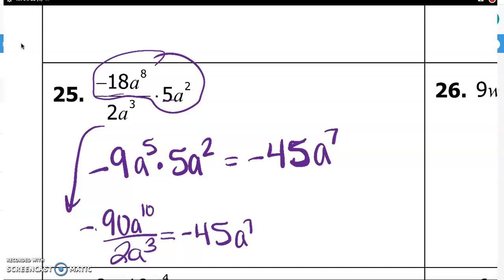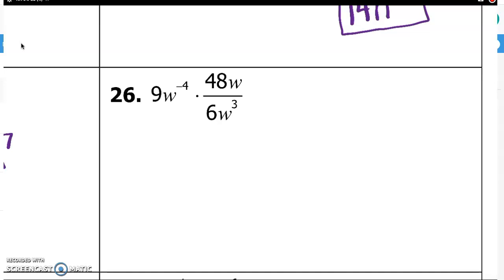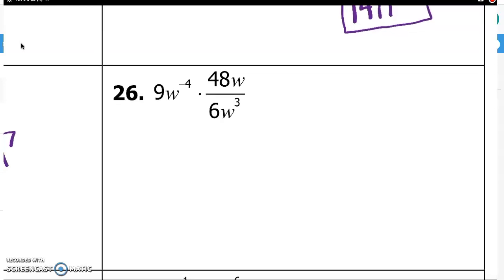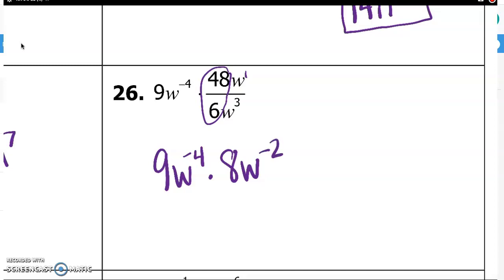Again, they kind of have it set up to make it a little bit simpler before multiplying, but that's up to you. So when we look at 26, again, if you want to put these 2 top things together instead and then divide, you can. Or if you do it the way it's set up, bring down the 9w to the negative 4th times 48 divided by 6 is 8w. 1 minus 3 gives us negative 2.